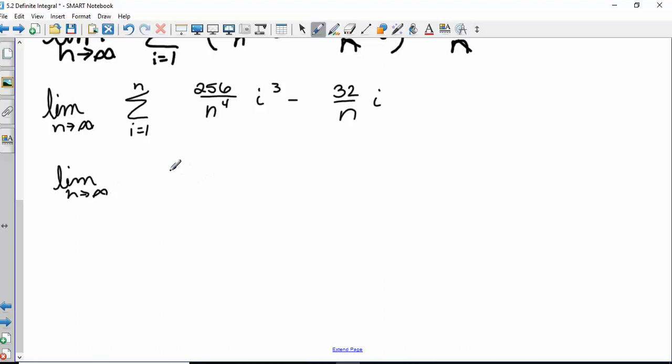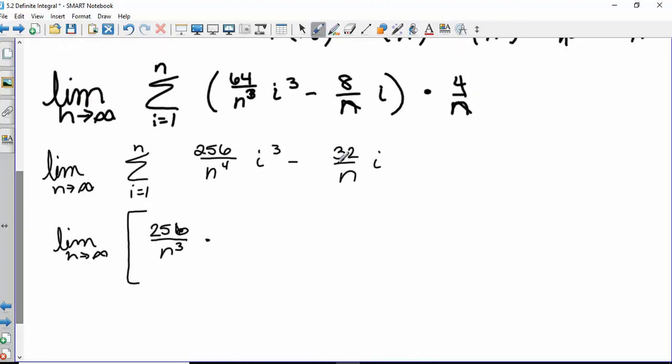So now we have to use our summation rules. The 256 over n to the 4th, that's just like our coefficient. Would that be n squared? Thank you. Times, what's the formula for i cubed?